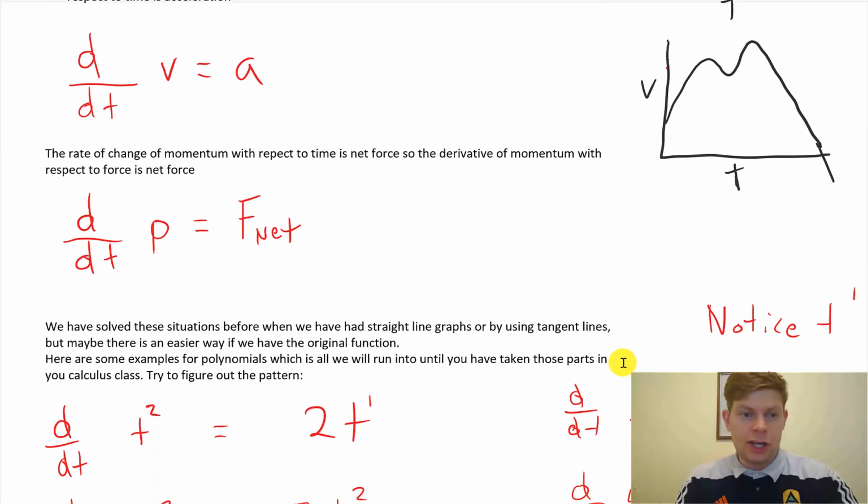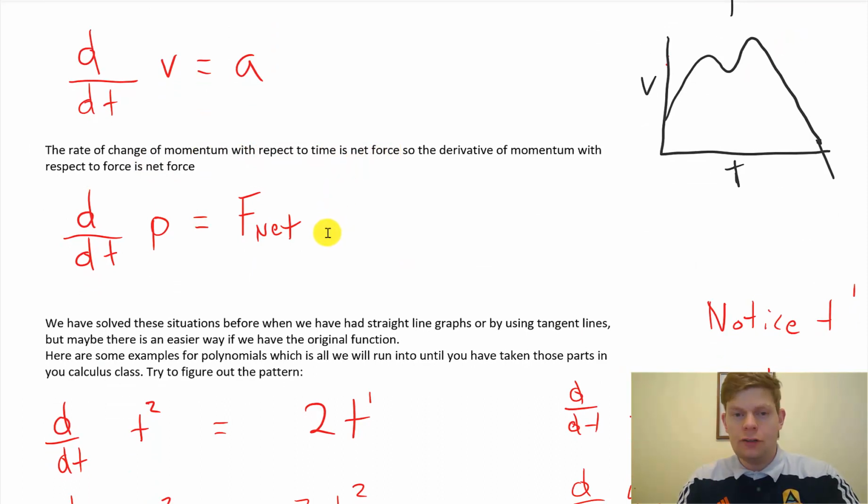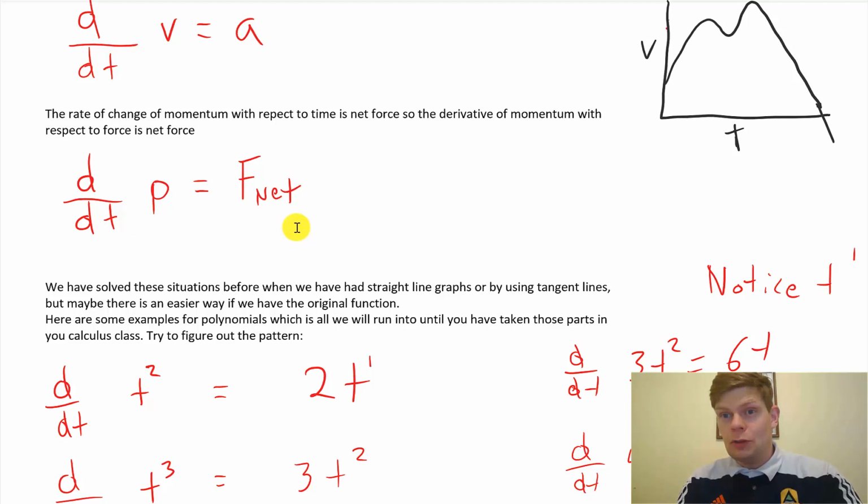Anyway, here's another example. Rate of change of momentum with respect to time is net force. If you had your momentum time graph, we'd find the slope and it would be net force. You might not know that as much because we do it a little less. Anyway, so all I want you to do this video is I'm going to give you a pile of examples, and I want you to figure out the power rule for yourself, because it's really not that bad.